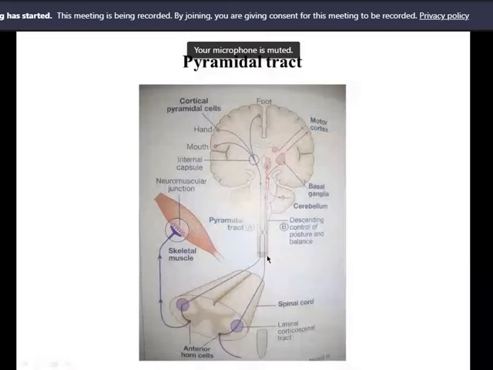All the tracts, corticospinal or corticobulbar, are called upper motor neurons, right?